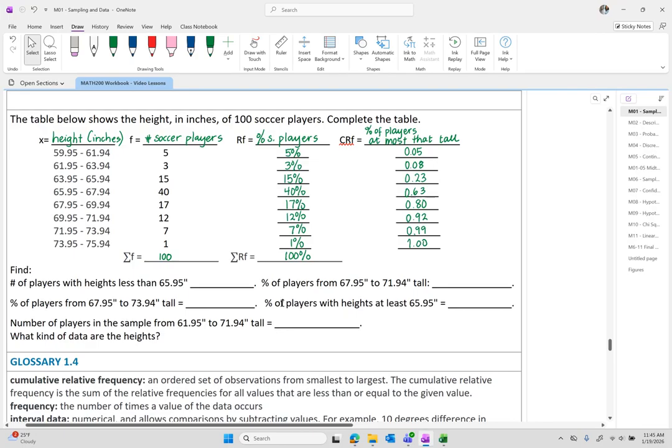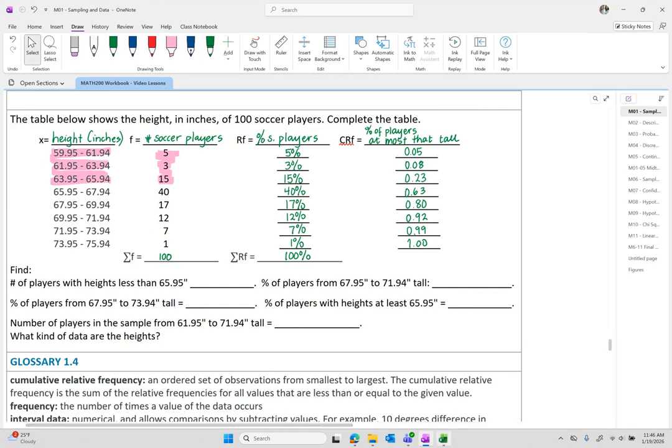Now, if I want to find the number of players with heights less than 65.95, that would be these categories of height up to 65.94, and the number of players will be the sum of frequencies, because the frequencies indicate the number of players. So I should do 15 plus 3 plus 5.